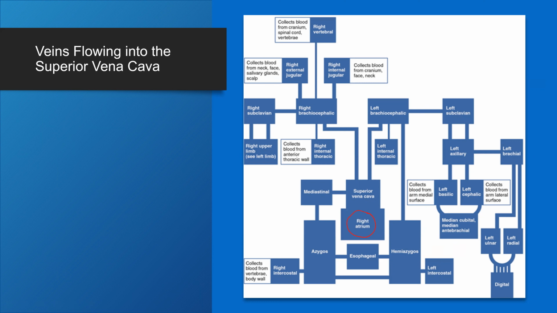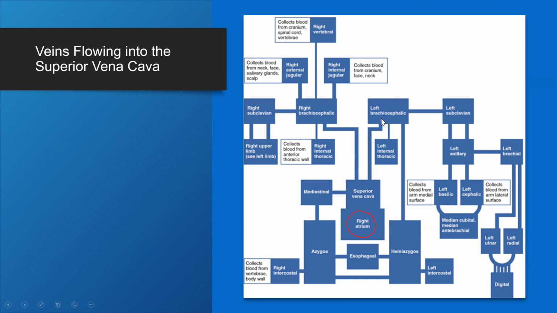But you can see here's our superior vena cava, brachiocephalic trunk, and then we have internal, external jugular, vertebral, and remember the same is going to be on the left side, and then we have right subclavian, right upper limb veins. There are too many of them to put them here on this diagram.